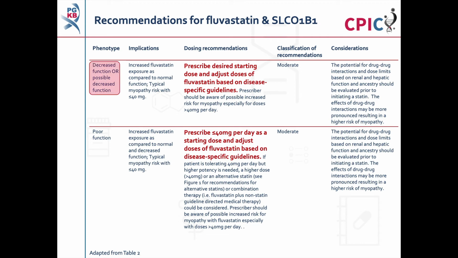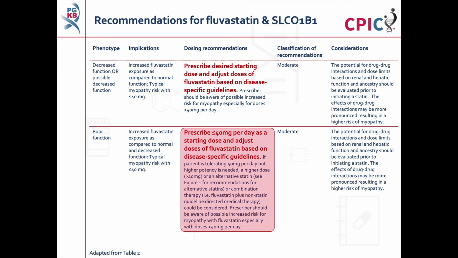These are the CPIC recommendations for fluvastatin in patients with decreased or poor SLCO1B1 function. Patients with decreased or possible decreased function may have increased exposure to fluvastatin but have a typical risk of myopathy with doses under 40 mg. These patients can be prescribed the desired starting dose. Patients with poor function may have increased exposure to fluvastatin, but have a typical risk of myopathy with doses under 40 mg.